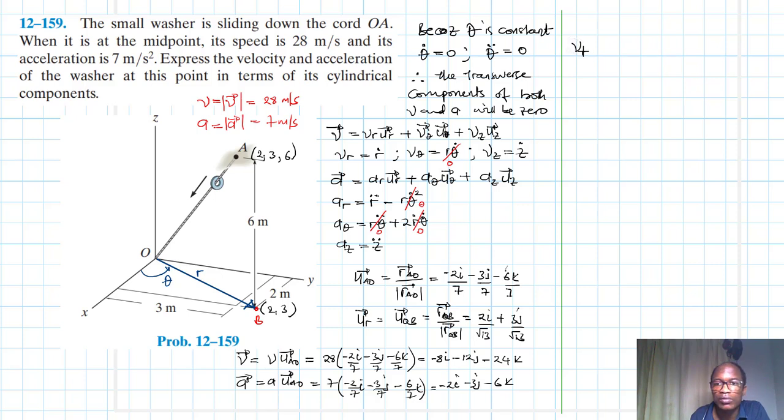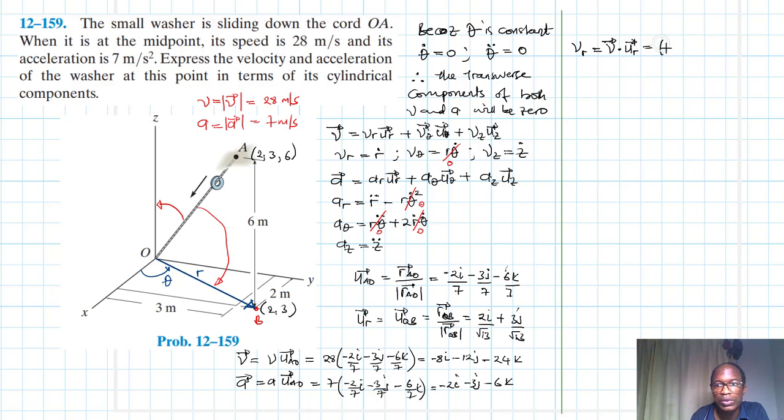So let's write down now the scalar values of VR. VR is just going to be equal to, think of this as mapping this onto this coordinate, and also this onto there. So we can use the dot product. Remember the dot product with the unit vector UR.